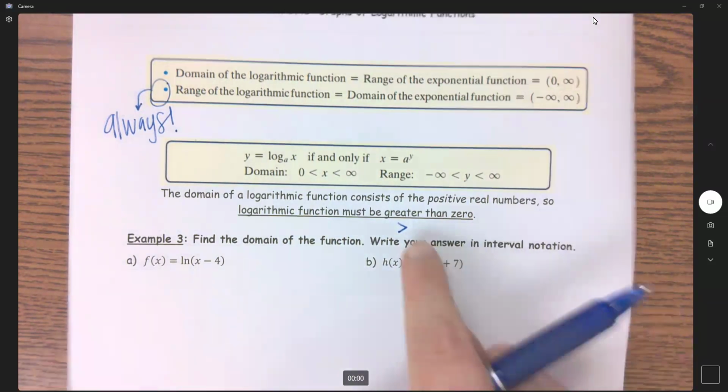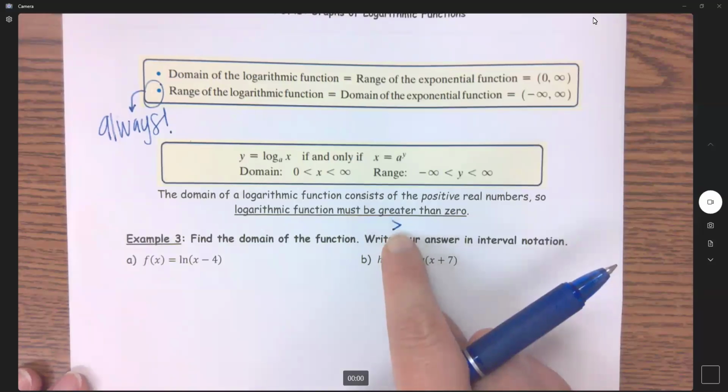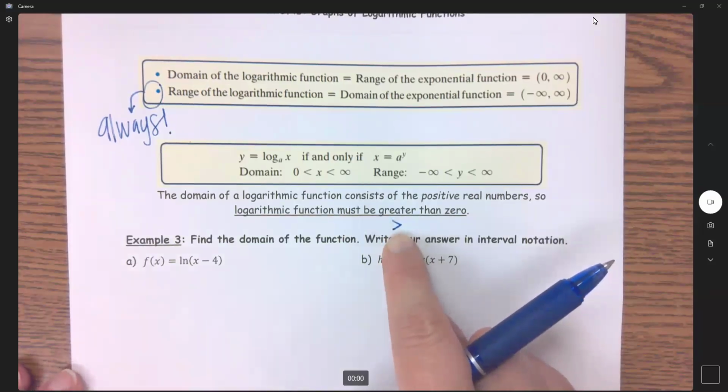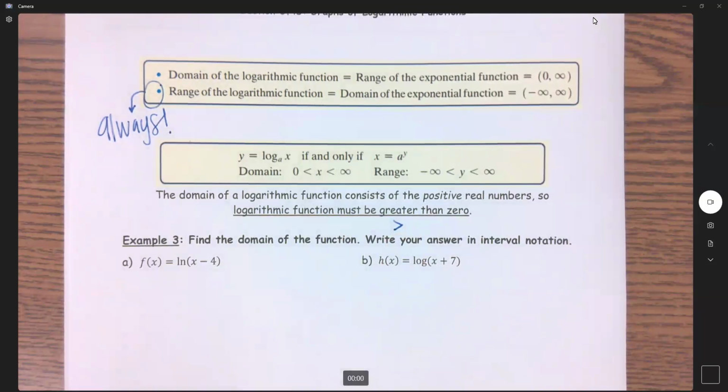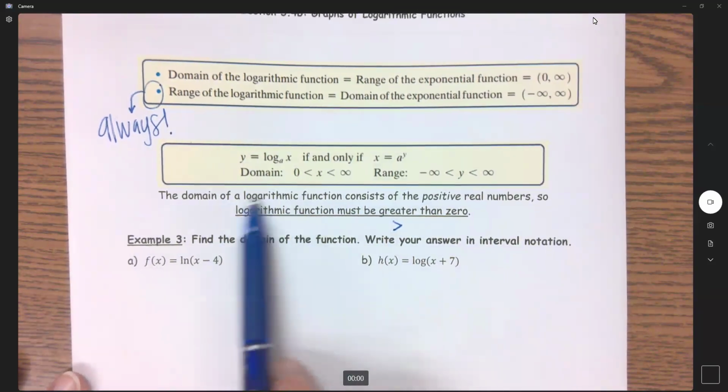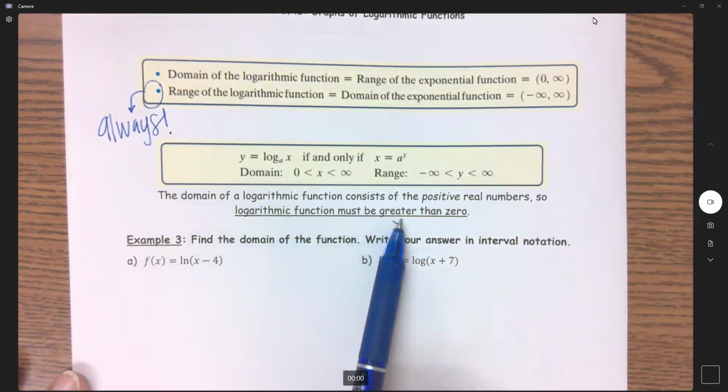Now, in the last half of a module, we have a 3rd commandment of mathematical domain. Not only can we not divide by 0, and we can't have a negative under a radical, what is within a log must be greater than 0.